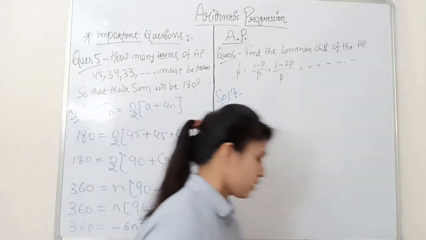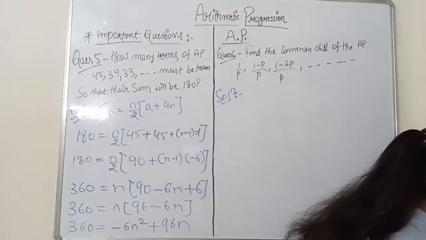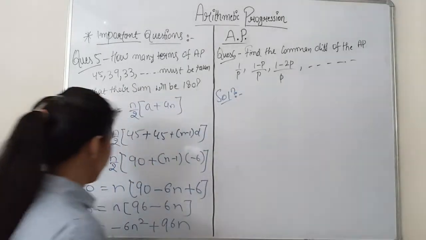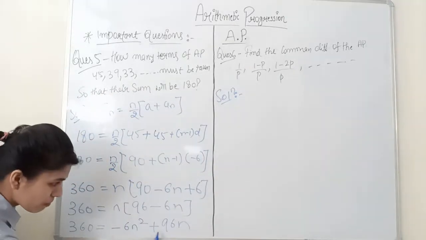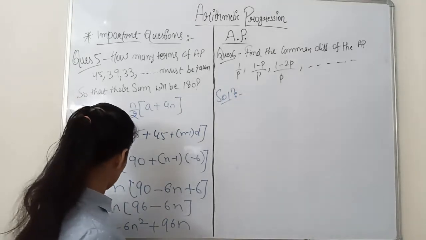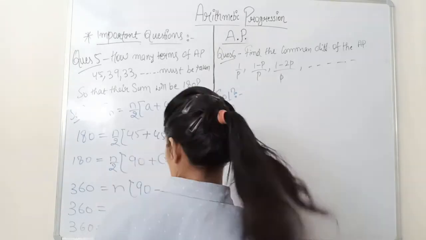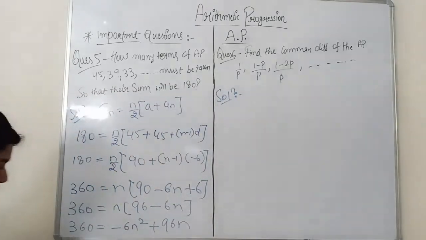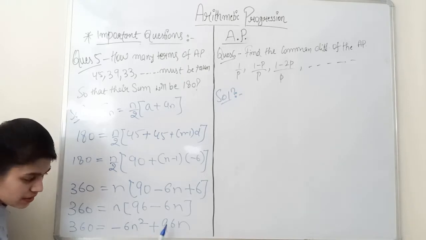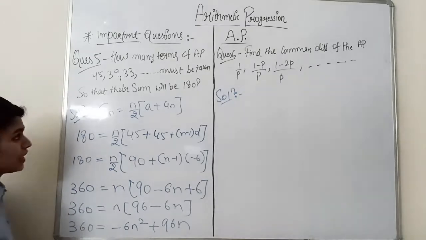Okay. When we remove our minus, it will become 6n square minus 96n plus 360 is equal to 0. Because when we remove minus, it will change the sign of all remaining terms.